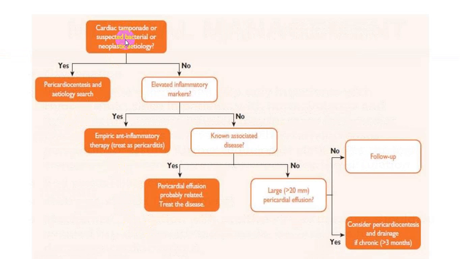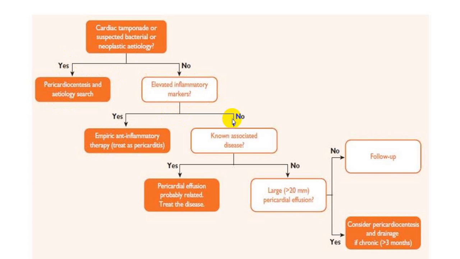Usually in cardiac tamponade, you are suspecting bacterial infection or neoplastic etiology. Pericardiocentesis is a must to find out the etiology as well as for therapeutic purpose. If there is no elevated marker, then you can go for anti-inflammatory therapy.